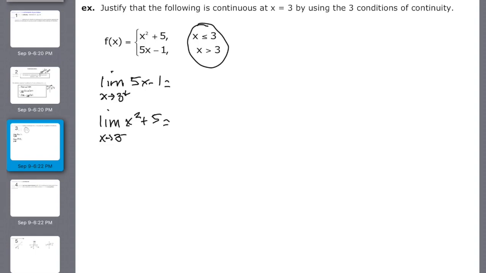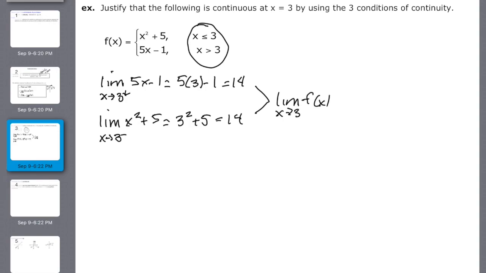So we have 5 times 3 minus 1, which is equal to 14. And on this one, 3 squared plus 5, which is equal to 14. And what this means is that the limit as x approaches 3 from both directions of this function is equal to 14. So our limit does exist. Okay, we've just used our definition of a left-sided and a right-sided limit to prove that.